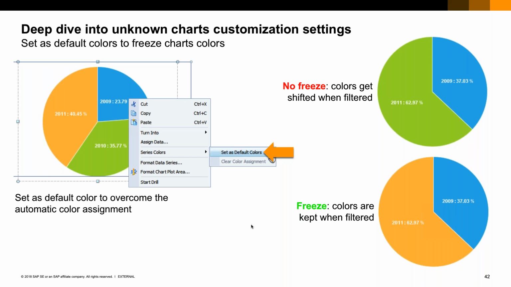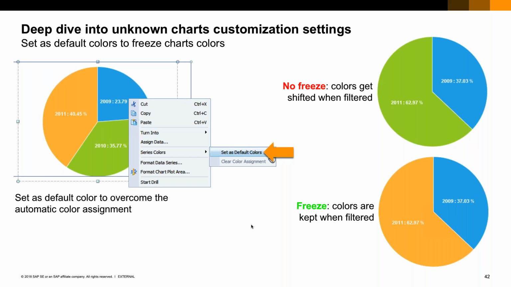You have an example here on the right-hand side on the top, where 2010 has disappeared from the data set, and since green is the second color in the color palette, it gets assigned to 2011, while before 2011 had the amber color. This is disturbing for the end user to see.